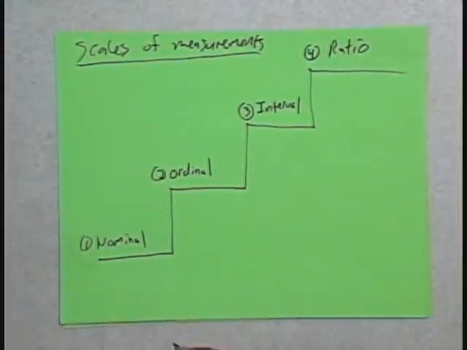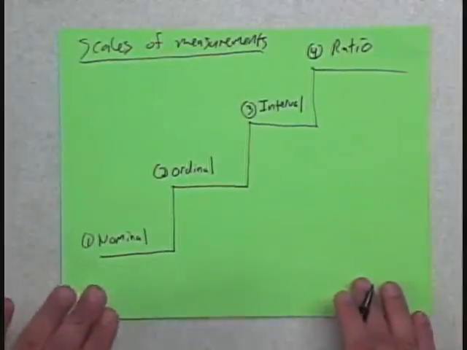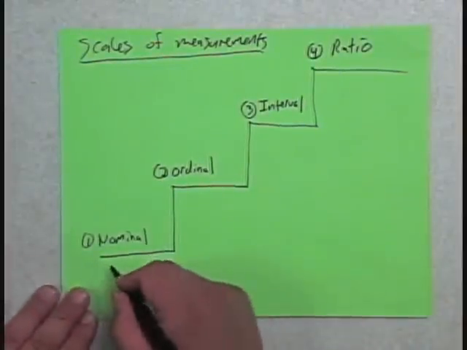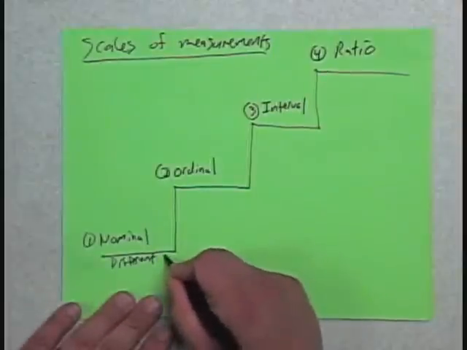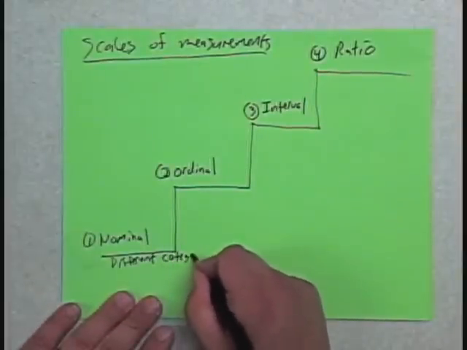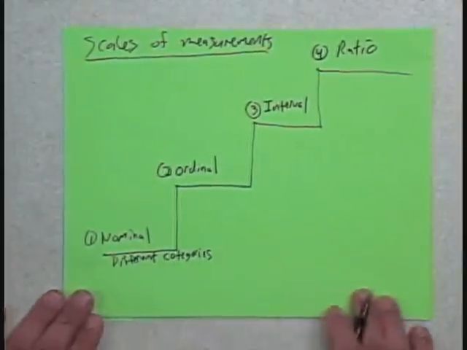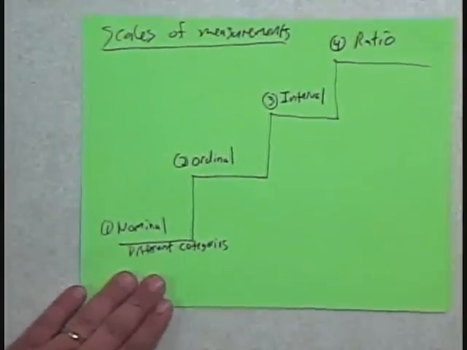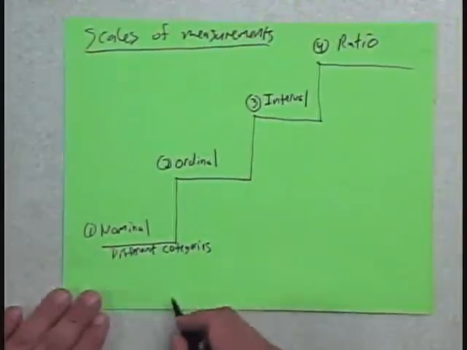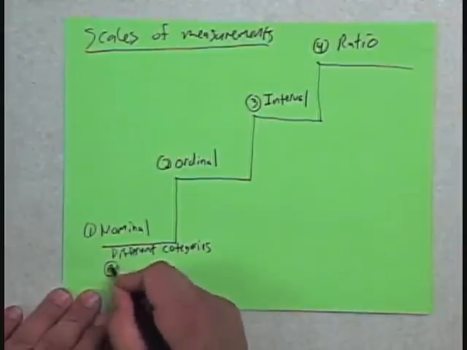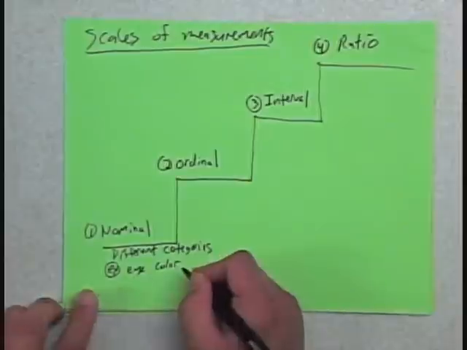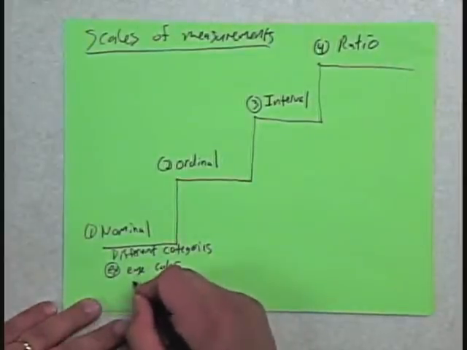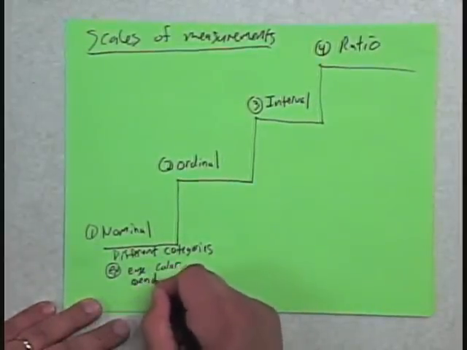Okay, so what are the differences here? The nominal scale is just different categories. That's all it is. Just different categories. Okay, so some examples here might be eye color or gender.